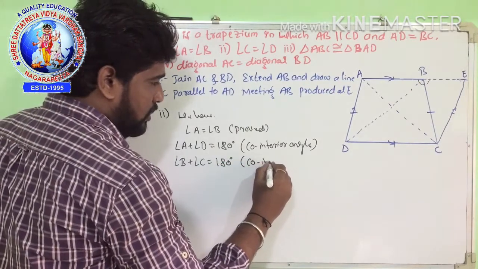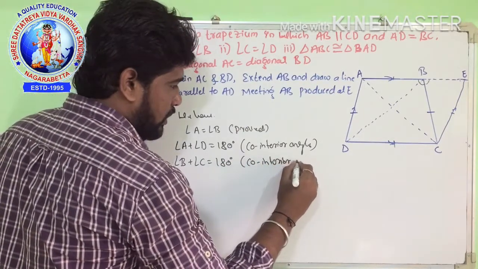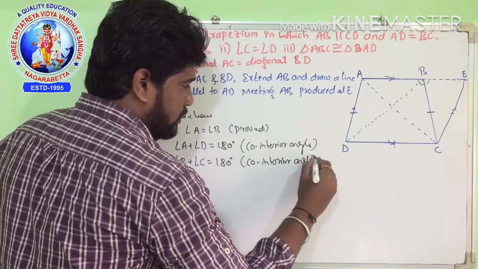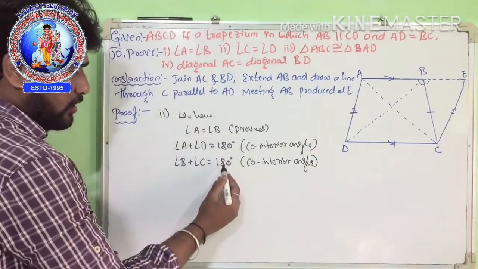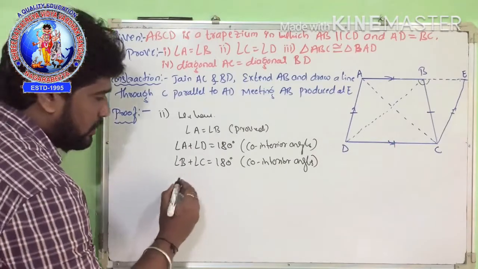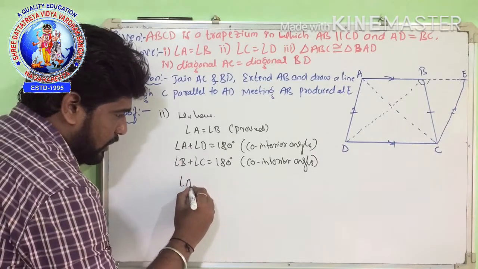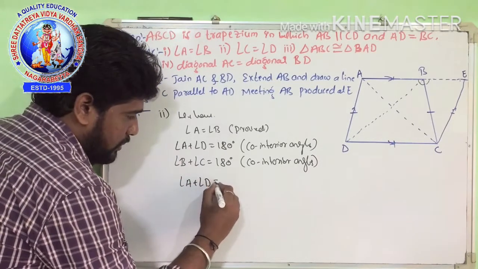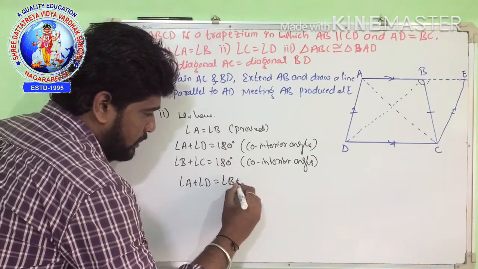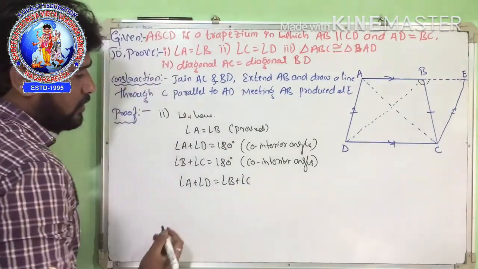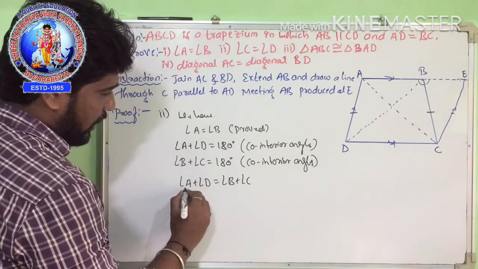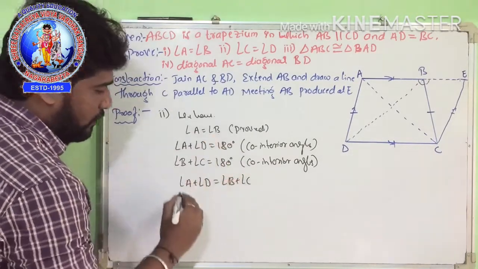So co-interior angles, right? So here RHS are equal, means LHS are equal. So write down here angle A plus angle D is equal to angle B plus angle C, right? So instead of this angle A, we can write angle B, already we proved.